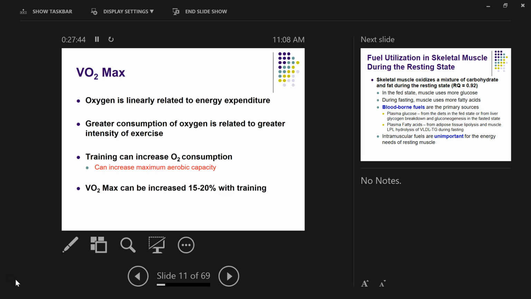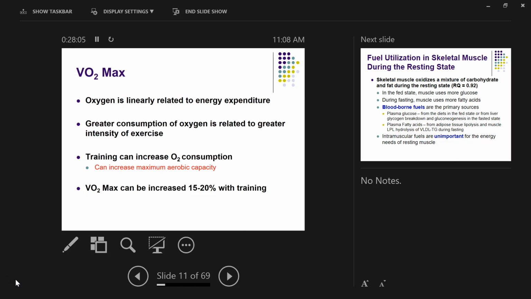And oxygen is usually linearly related to the energy expenditure. That means if we use more oxygen, we oxidize more energy fuels, more fatty acids or more glucose.